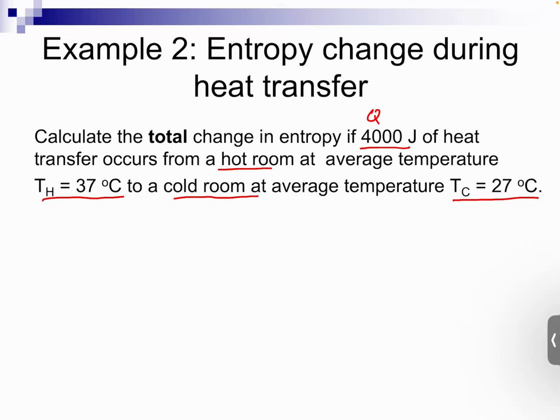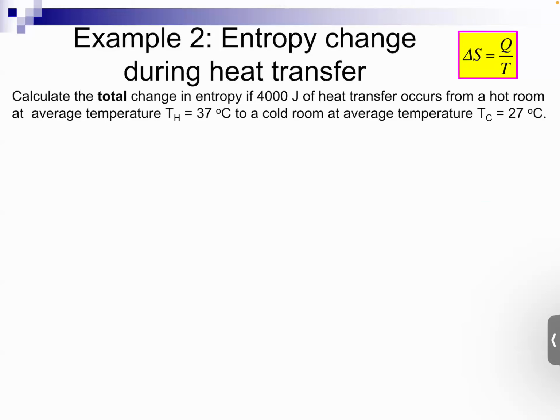We want to find the total change in entropy. You can consider the hot room to be the system, and the cold room to be the environment, because heat will go from your system to the environment. The change in entropy is still heat divided by temperature.